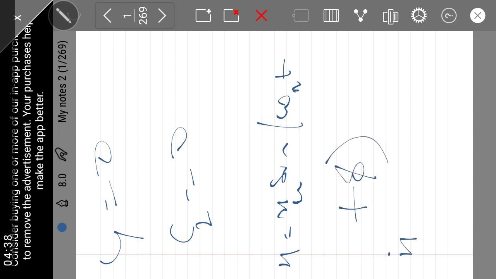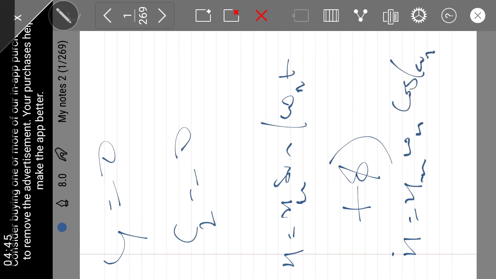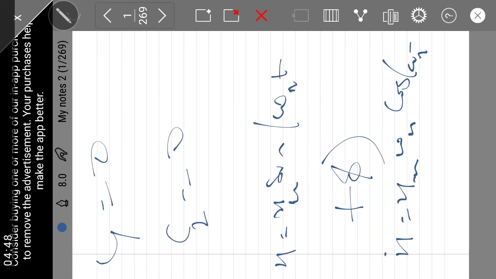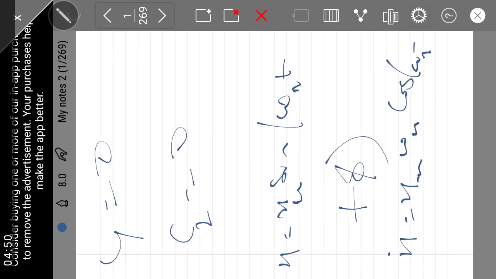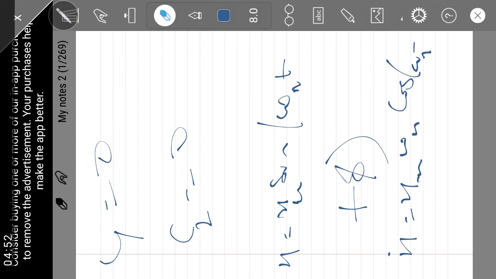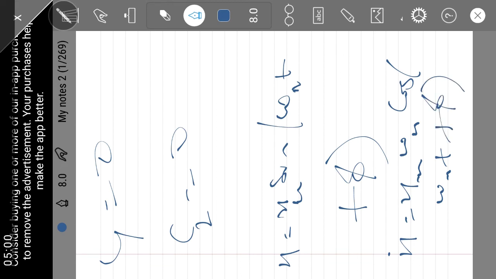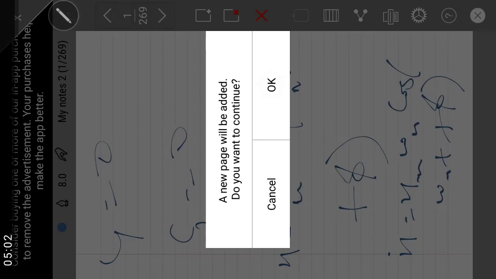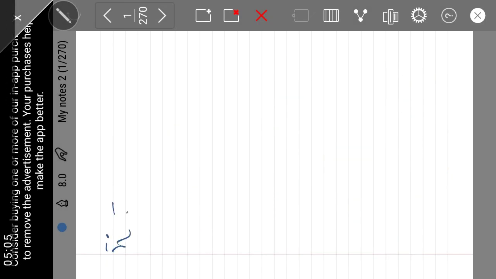That is, x dot will now be xm omega n cos omega n t plus phi. And x double dot, the acceleration, becomes minus xm omega n squared sine omega n t plus phi.